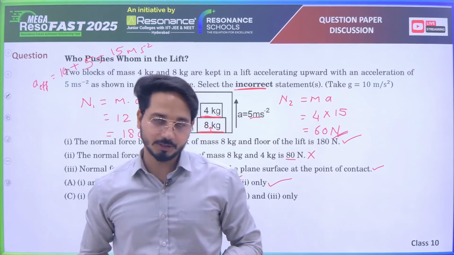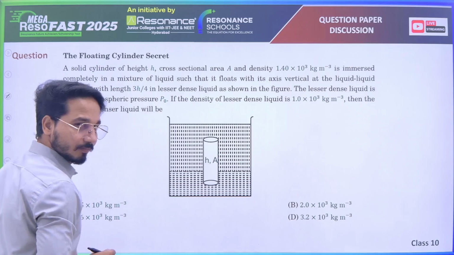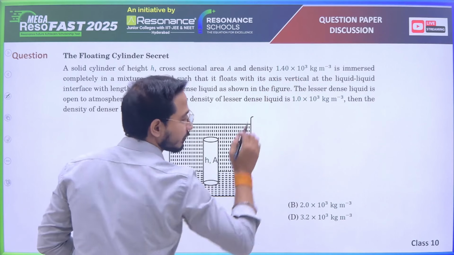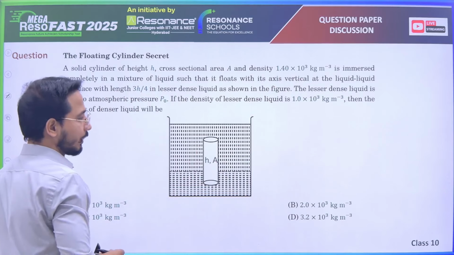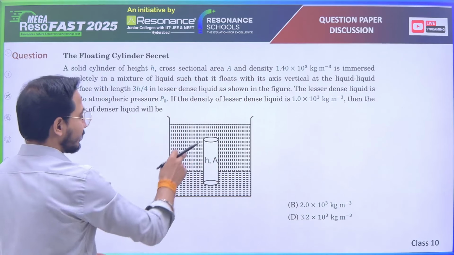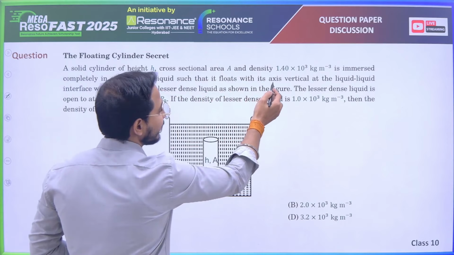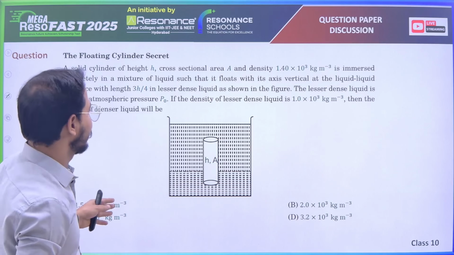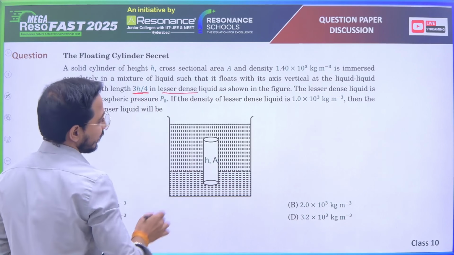Moving ahead to the next question. The next question says that a solid cylinder of height h, cross-sectional area A and density 1.40 into 10 to the power 3 kilogram per meter cube is immersed completely in a mixture of liquid, such that it floats with its axis vertical at the liquid-liquid interface with the length 3h by 4 in the less dense liquid, as shown in the figure.